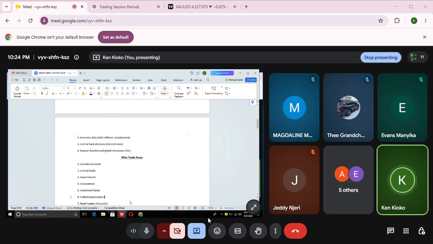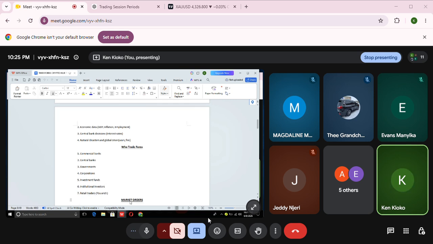We have investment funds, where maybe you come up with a company or a platform where people will invest their money, and then you use that money to trade and pay them a certain percentage of the returns.